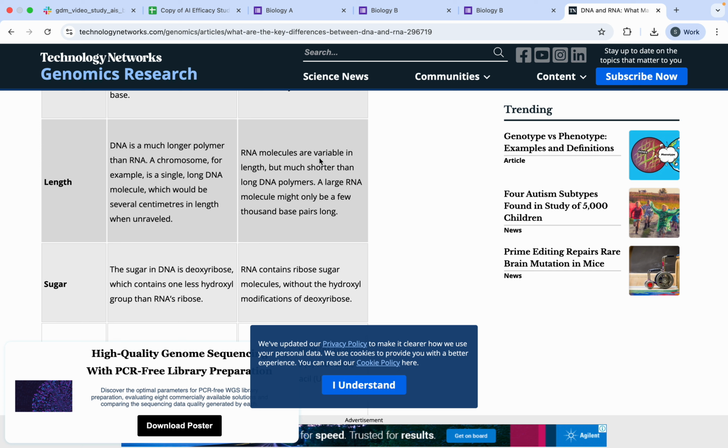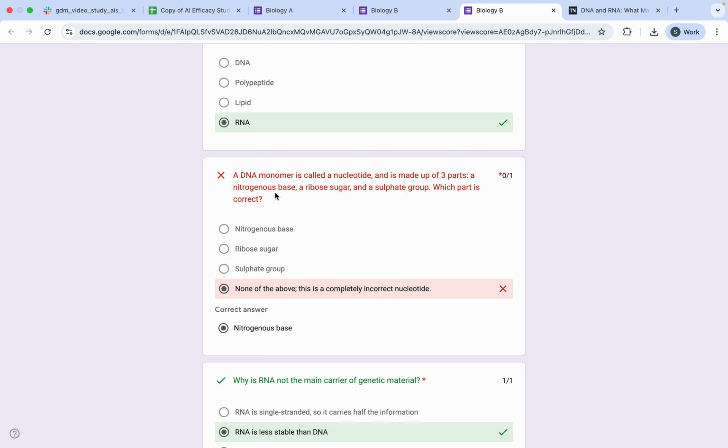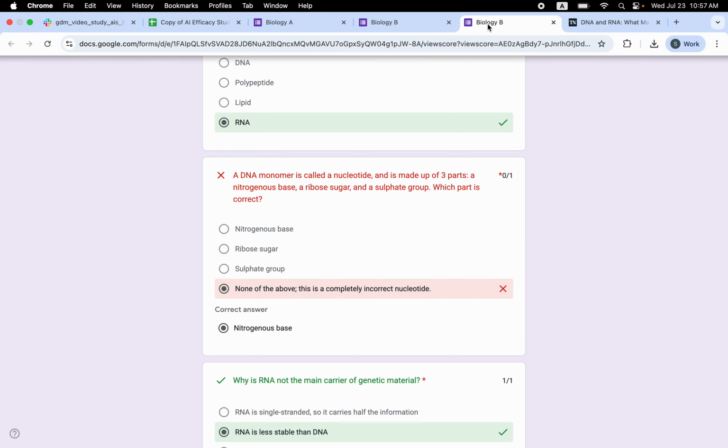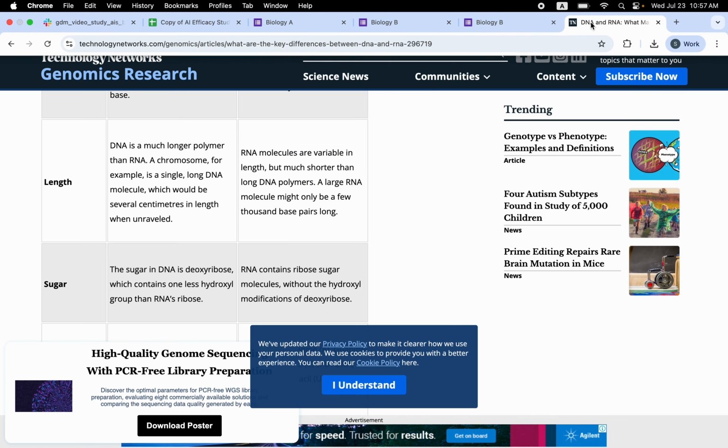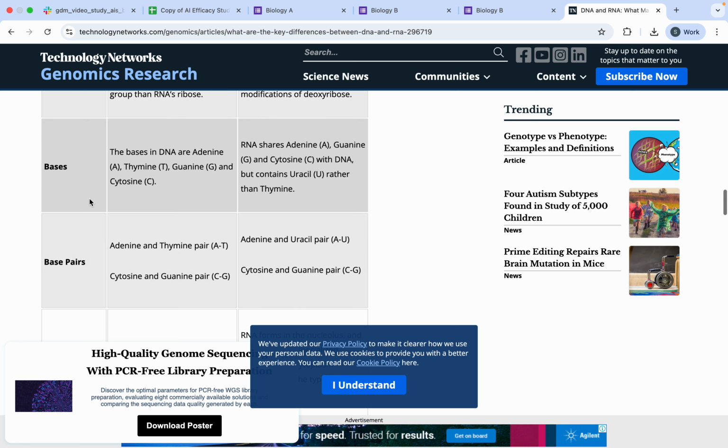RNA molecules are variable in length but much shorter than the long DNA polymer, and a large RNA molecule might only be a few thousand base pairs long. So here, as per our question, which part is correct? We can say that the nitrogenous base is the correct one. And we can go through the other comparisons also.